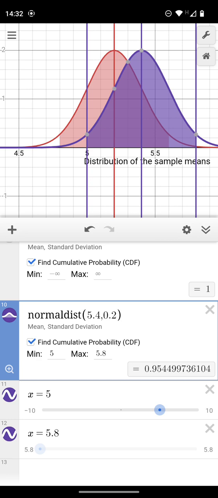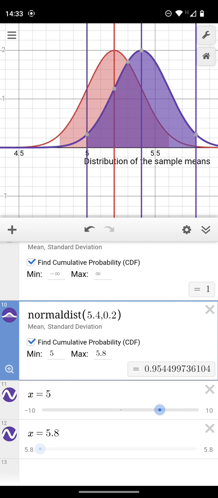That means I can change my language to, instead of talking about 95% of the sample means landing within a certain range of the population mean, I can now say that the population mean should be found 95% of the time within the interval in purple from 5 to 5.8.